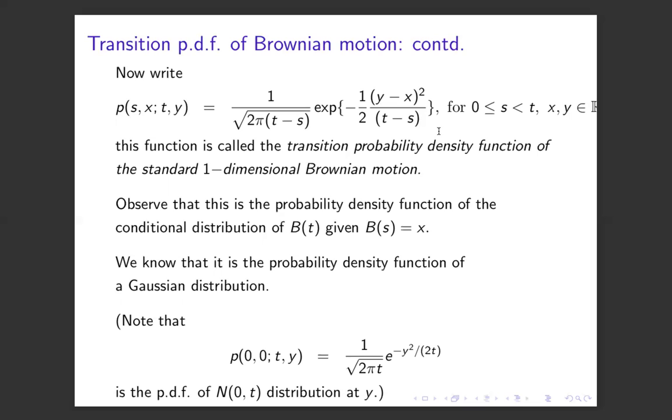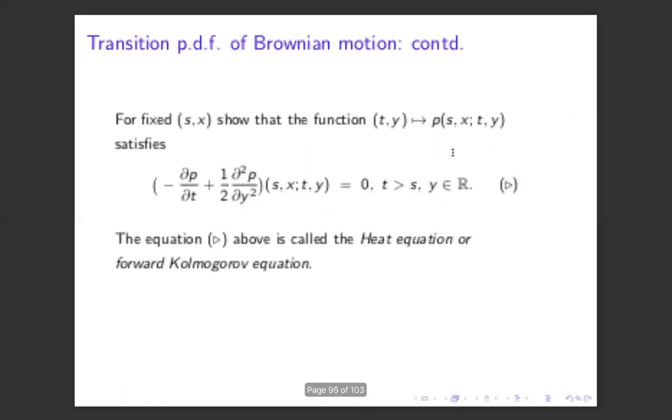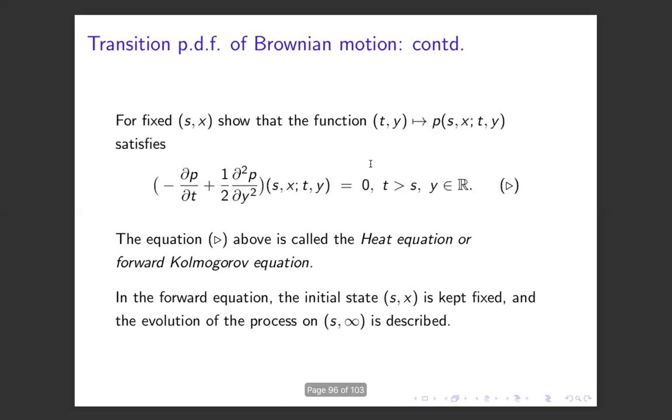In other words, once you have this guy, our good old Gaussian density, which is also the transition probability density function of the standard Brownian motion, you are able to generate all the solutions for the initial value problem of the heat equation.